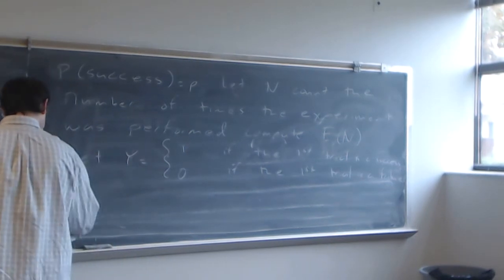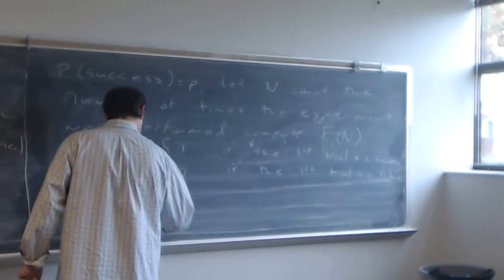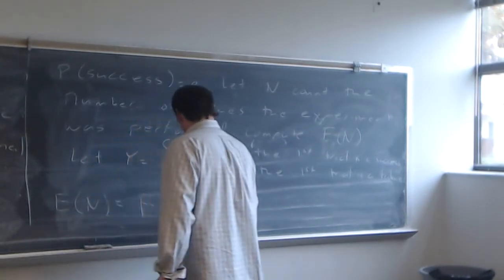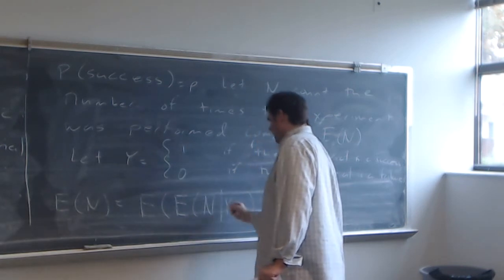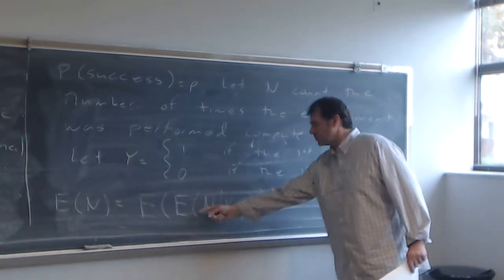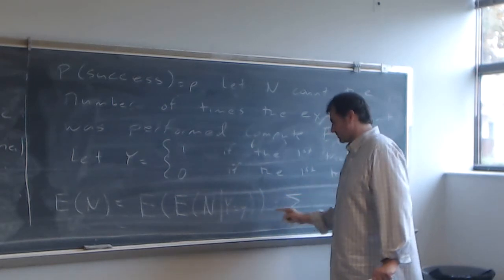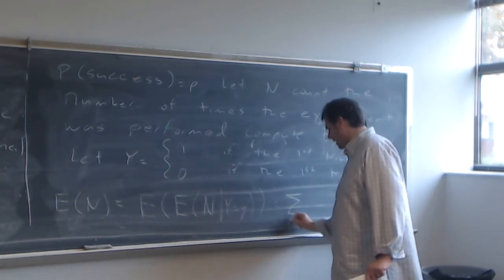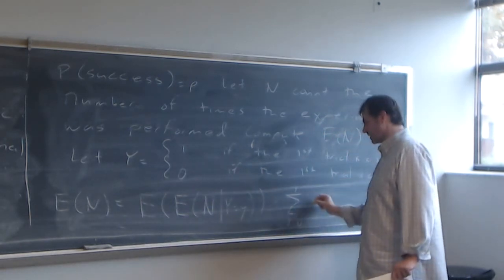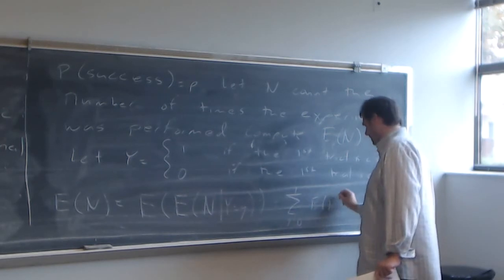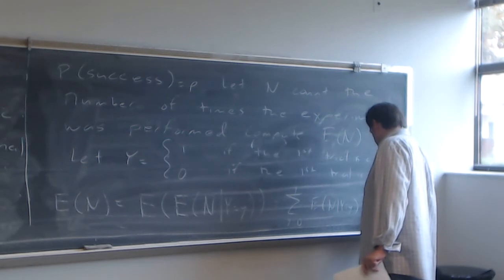The expected value of n is the same thing as the expected value of the conditional expected value of n given Y equal to y. Now, this is an expected value of a function of Y. So its answer is the sum as y runs from its values, which are either 0 or 1, of the expected value of n given Y equal to y, times f sub Y of little y.